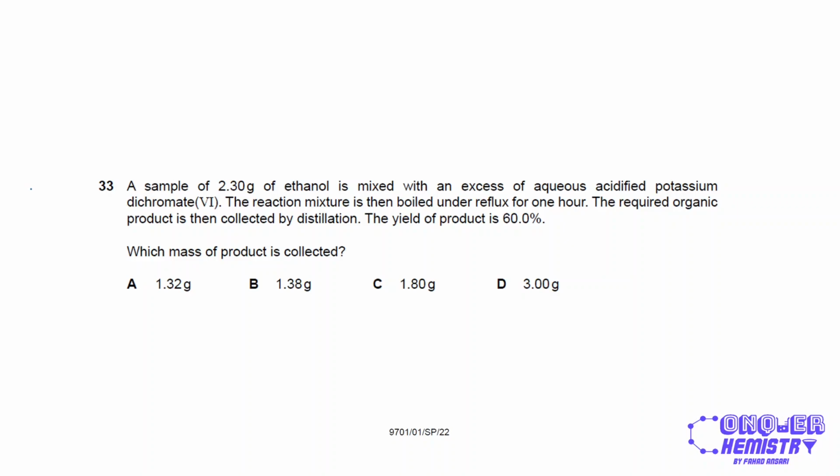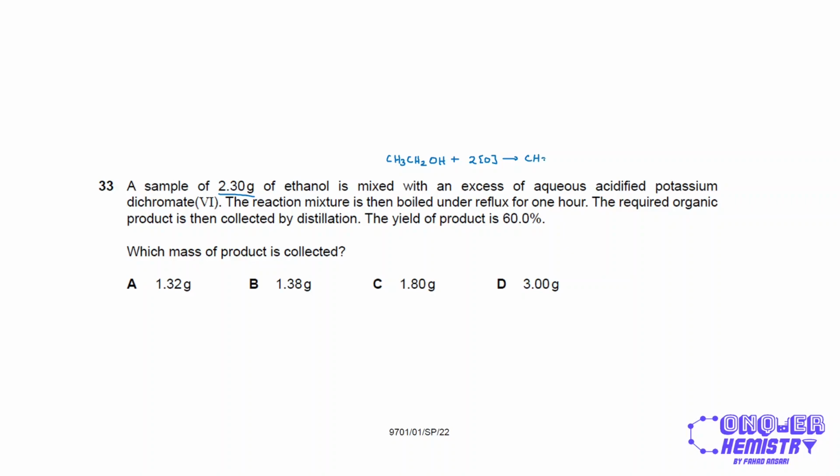A sample of 2.3 grams of ethanol is mixed with an excess of aqueous acidified potassium dichromate(VI). The reaction mixture is boiled under reflux for 1 hour. It says the yield of the product is 60%. So ethanol over here, when it is oxidized completely, forms a carboxylic acid.